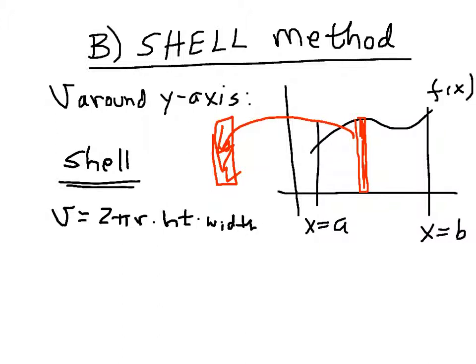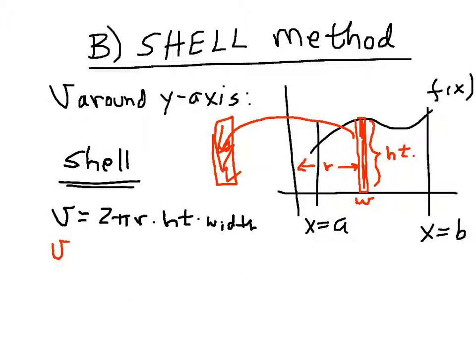And what we can understand in this, when you think about it, is r is this dimension right here. And the height is this dimension right here. And the width is right there.